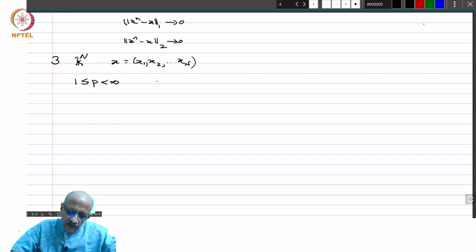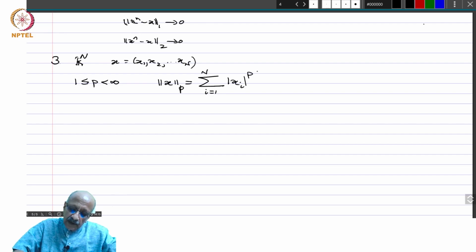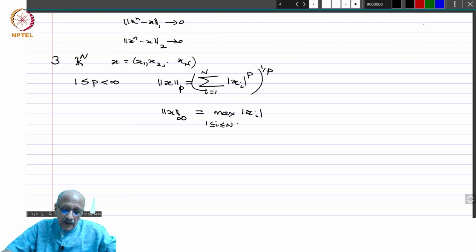Then we define norm x p equal to the sum from i equals 1 to n of mod xi to the power p, whole to the 1 by p. And I am also going to define another norm, norm x infinity, equal to the max of mod xi for 1 less than or equal to i less than or equal to n.